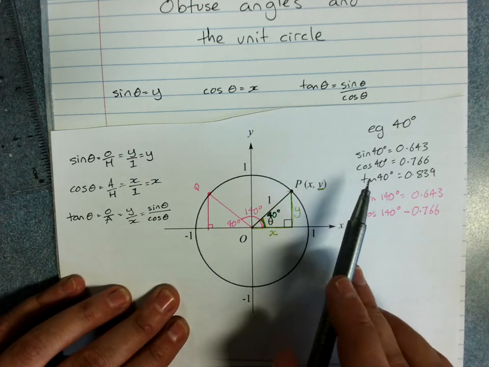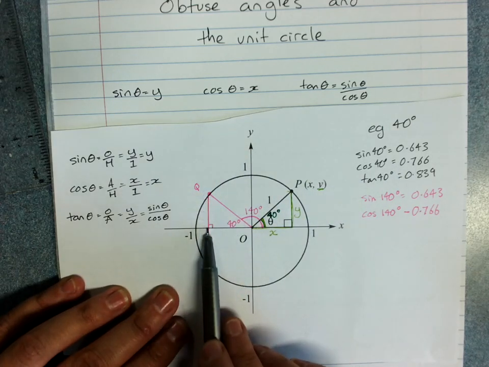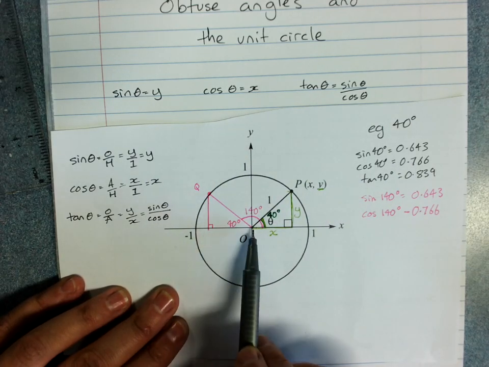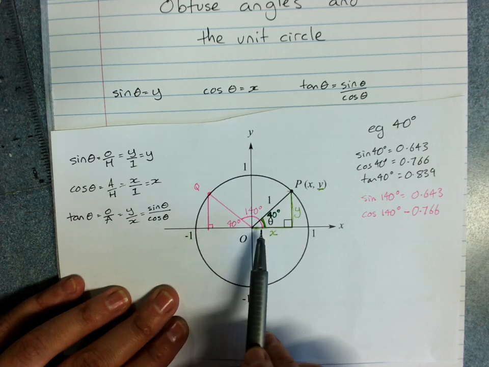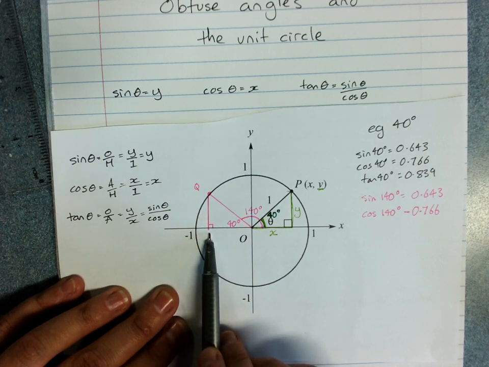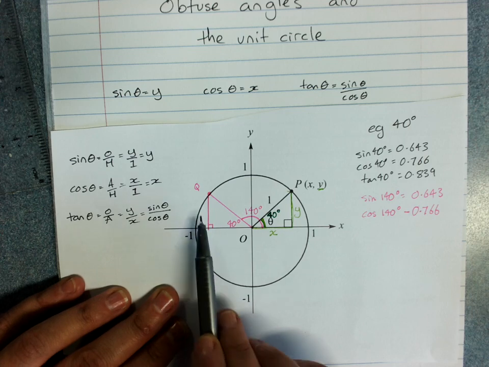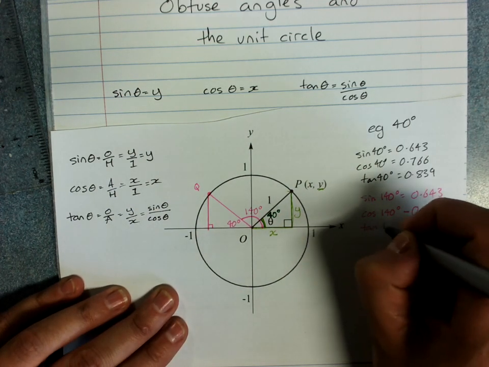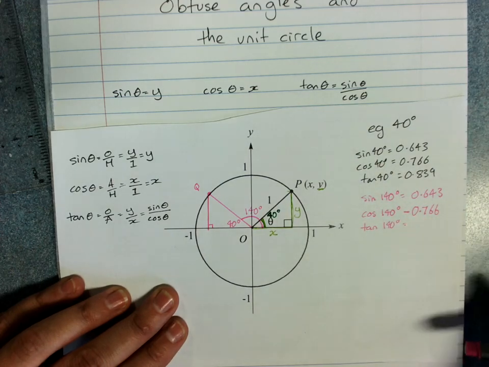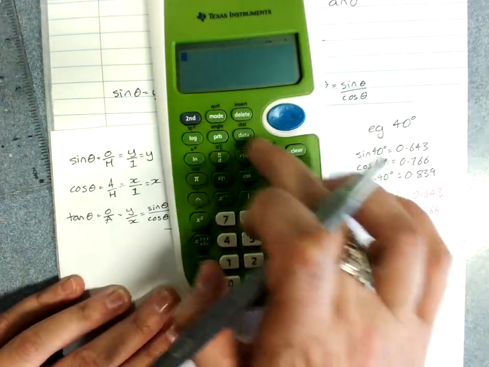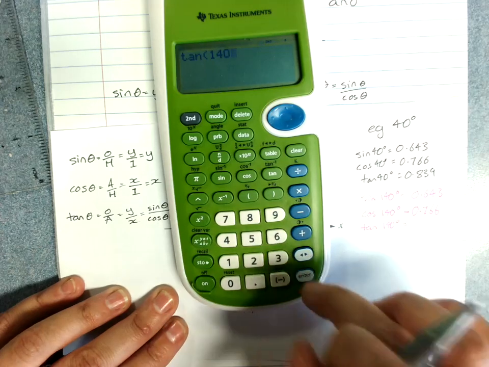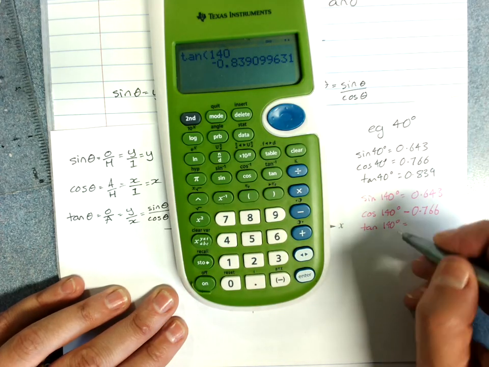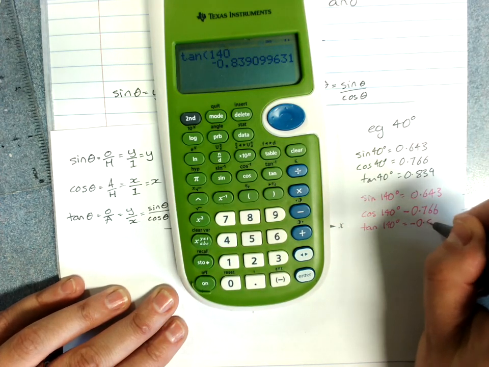And tan will be opposite, which is still positive, over adjacent, but I'm in the negative of the x. So positive divided by negative should also be a negative. Tan of 140 degrees is the same as tan 40, but negative.